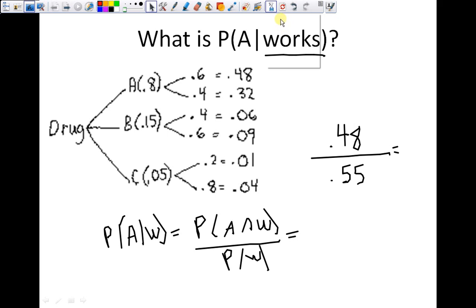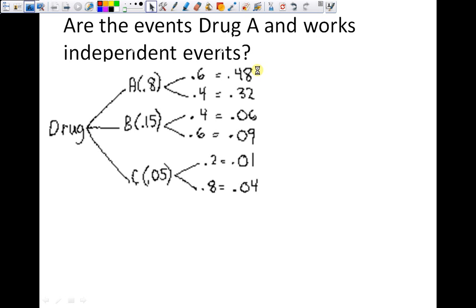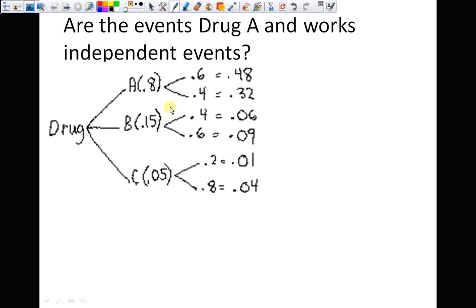And the last problem we're going to do says, are the events drug A and works independent events? So if two events are independent, then what you will see is that the probability of A would be the same thing as the probability of A given that it works.